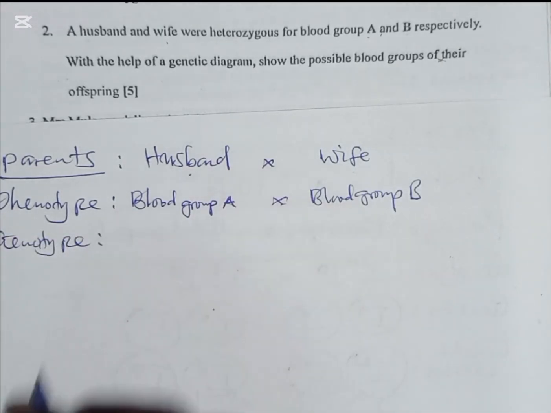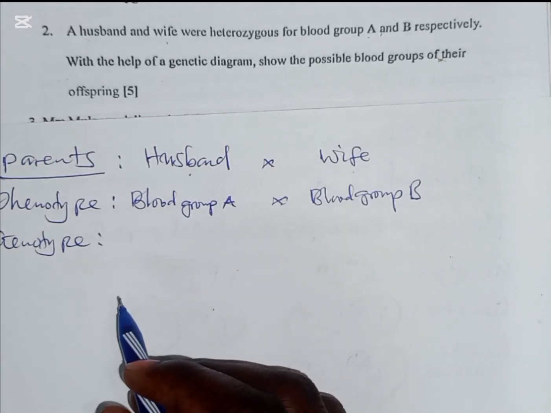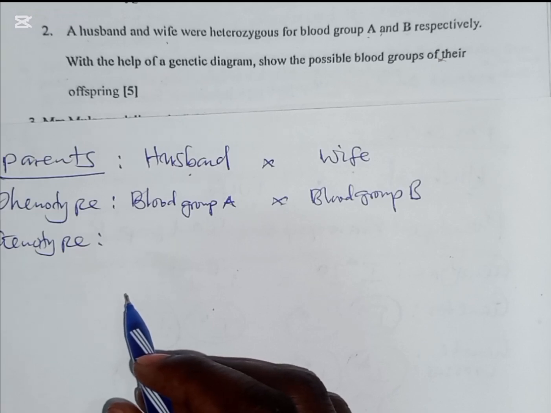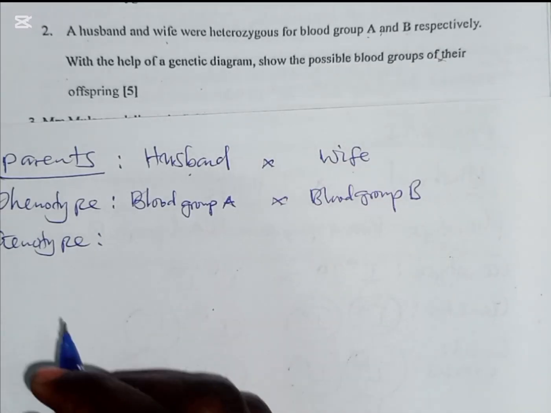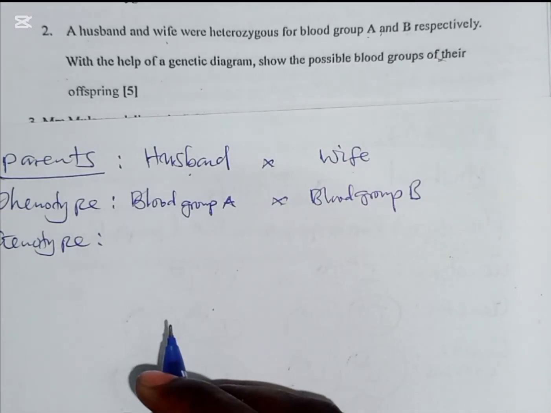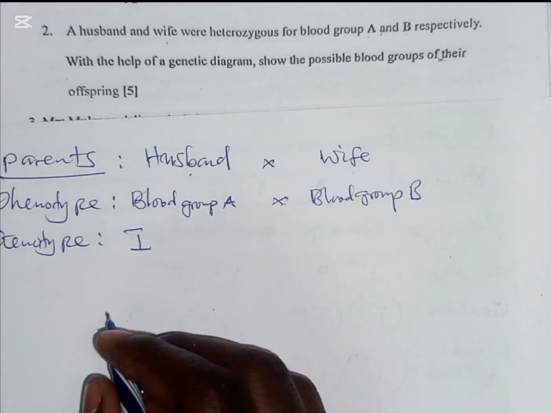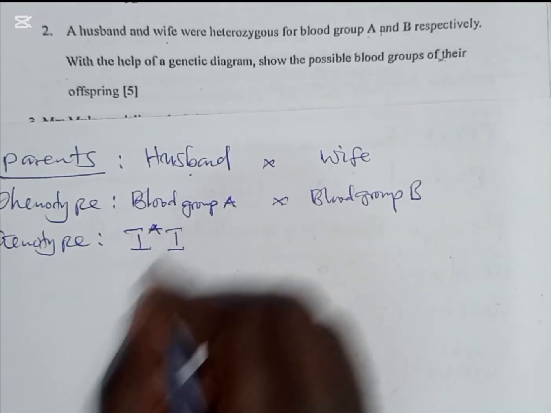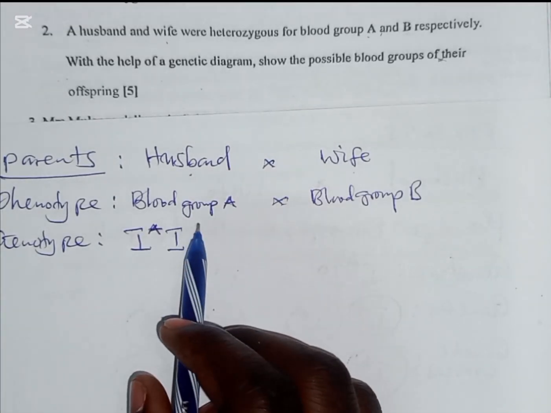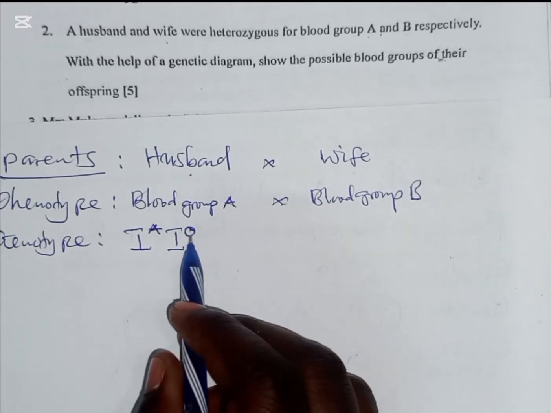For genotype, please always remember this: when dealing with blood groups, we represent blood groups by capital I, which is actually an allele. It's called isohemagglutinogen, something like that, check it out. So it's I raised to A, then you bring another I. Now remember, we are told this is heterozygous, meaning you raise it to O, blood group O. Why blood group O?